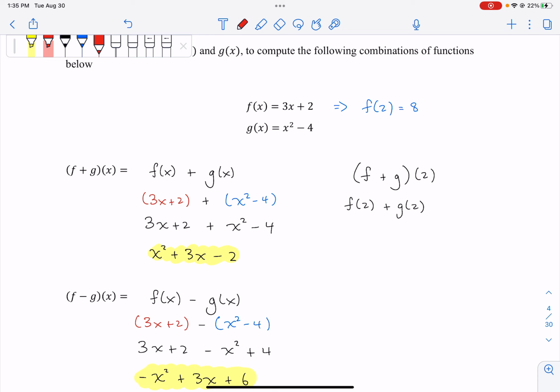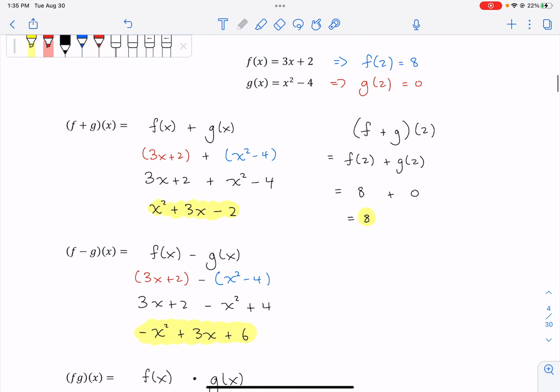We do the same thing with g of x. g of 2 is equal to 0. So this becomes 8 plus 0, which is just 8. You could do the same thing for f minus g of 2.